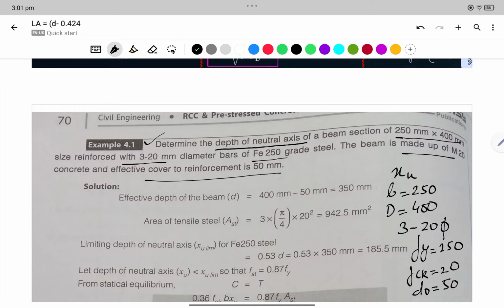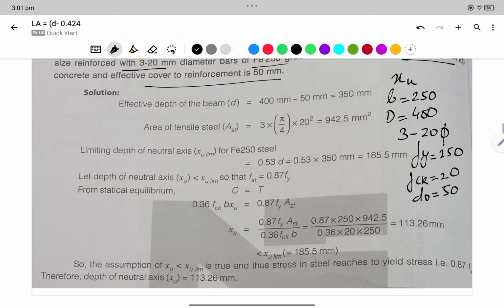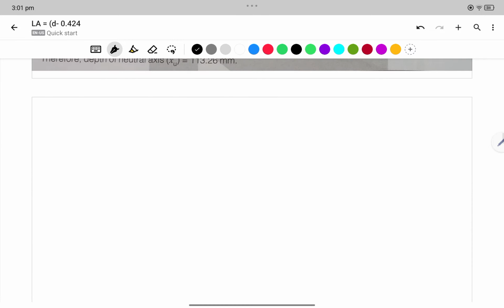Okay, so first thing we will do, see, we are doing it here. First we will write the xu formula. So first we are calculating xu limiting. Xu limiting is equal to, as we know, we have written here, if the beam is under reinforced, we will take the value of xu.